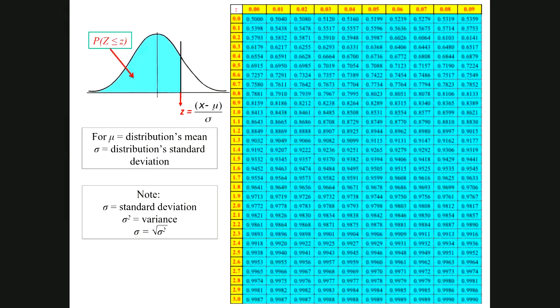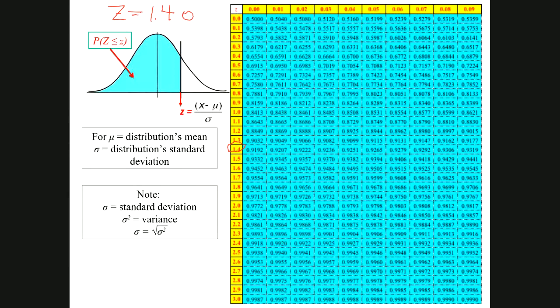So now we're going to go to our table again, same table. We're going to look for the Z value of positive 1.4, not negative, but positive 1.40. And of course, 1.40 is right next to it.